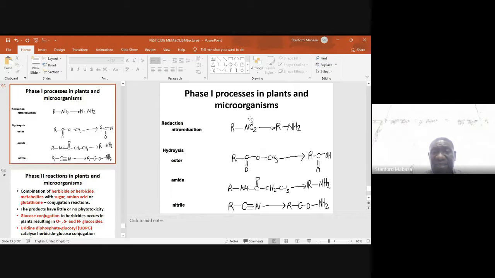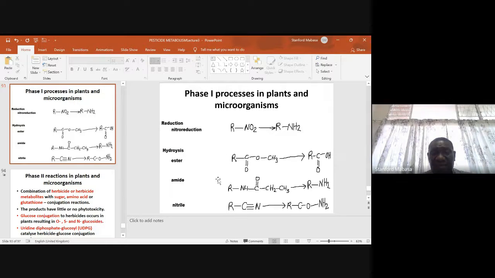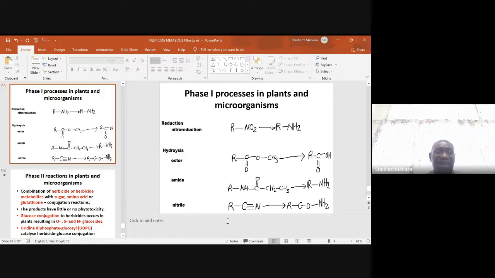This is reduction, where we are changing nitrates to amines. We're having hydrolysis of esters, hydrolysis of amides, hydrolysis of nitriles.